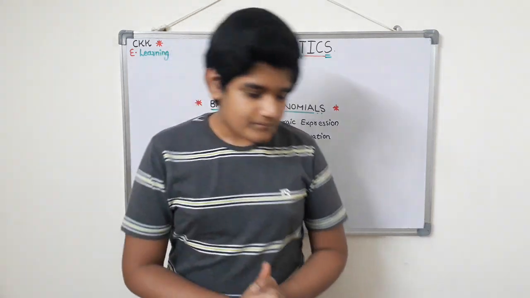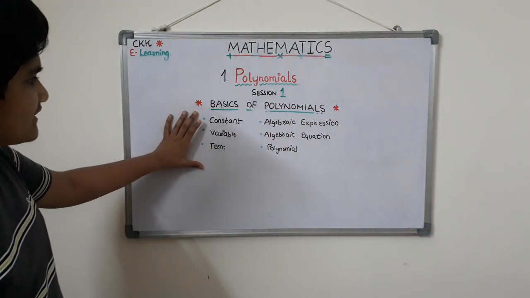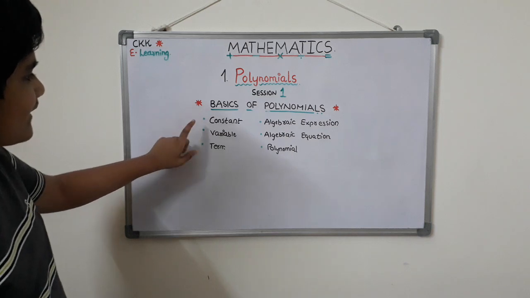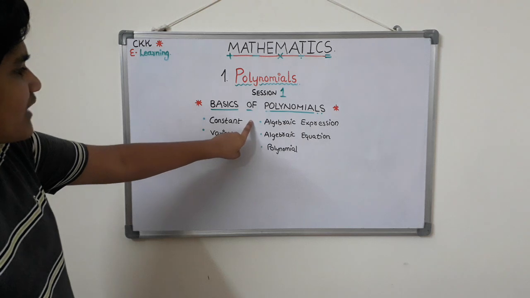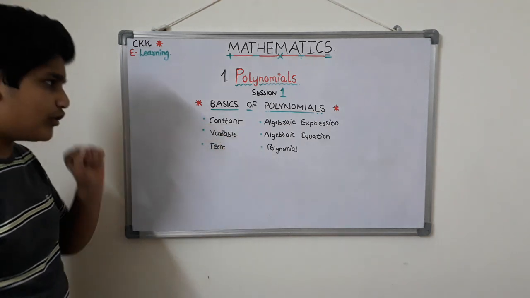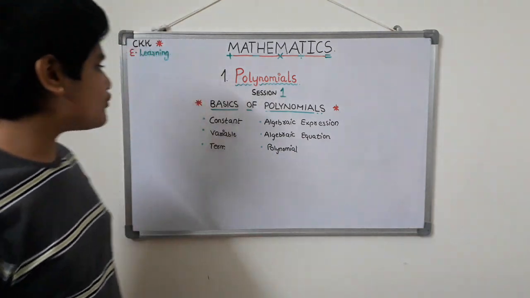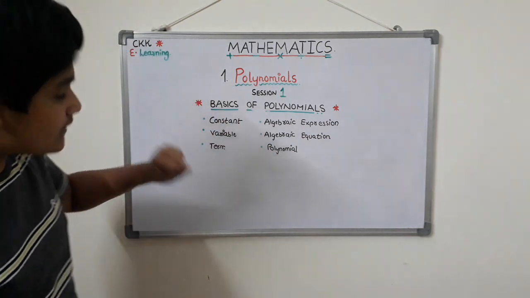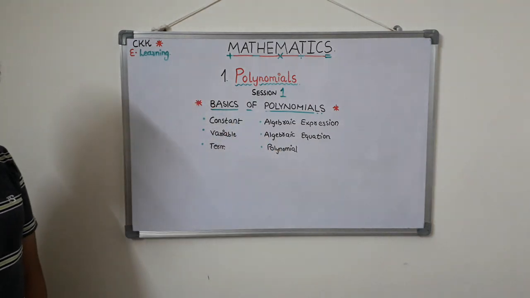Here I have written some important terms: constant, variable, term, algebraic expression, algebraic equation, and finally the polynomial. To understand the word polynomial, you have to go through these 5 important concepts.